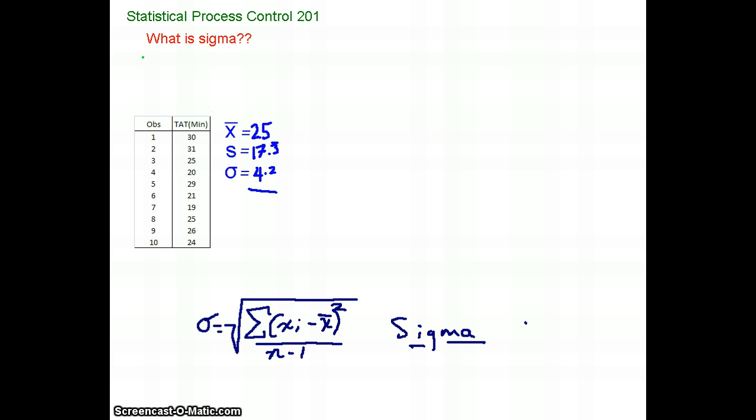Well, it turns out that this calculation of the standard deviation is good for only one particular type of data, and that's the type of data we call continuous data. Continuous data means data that's measured, usually measured with a tool.